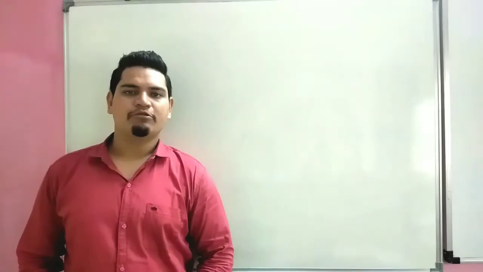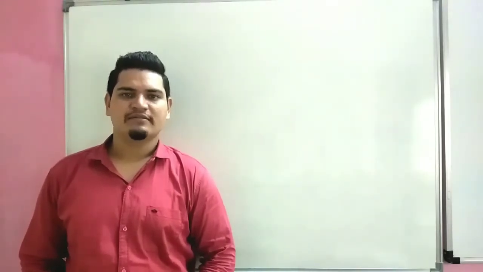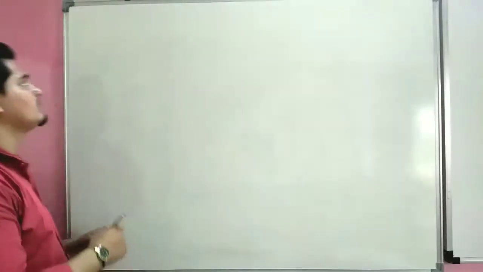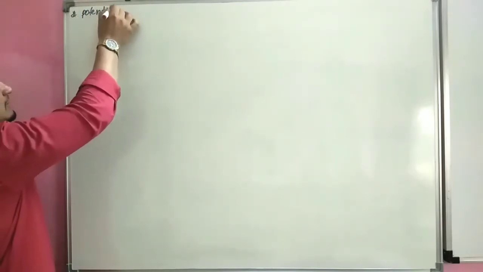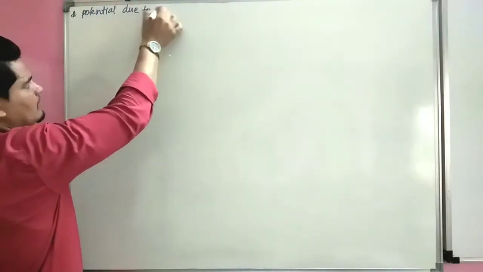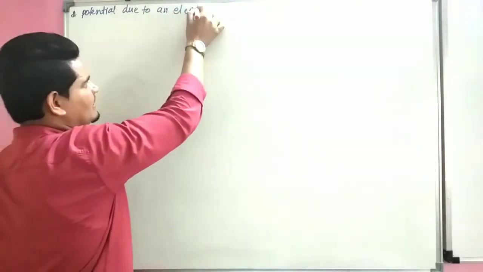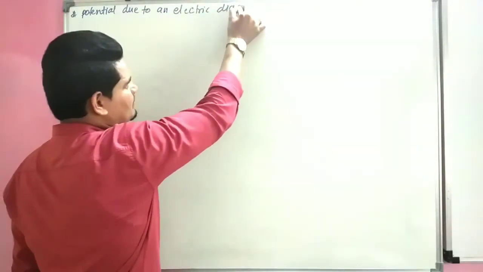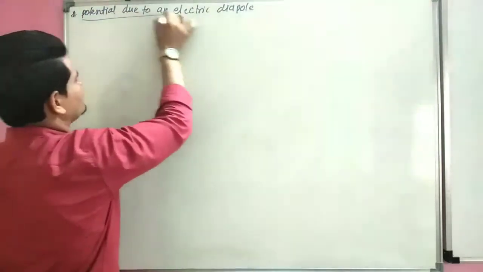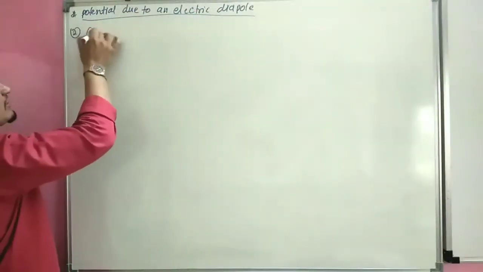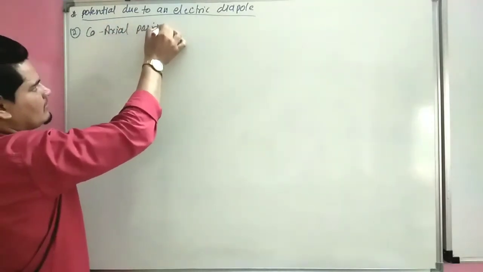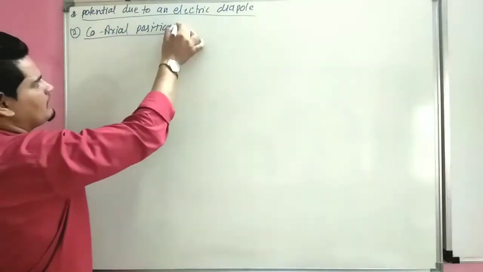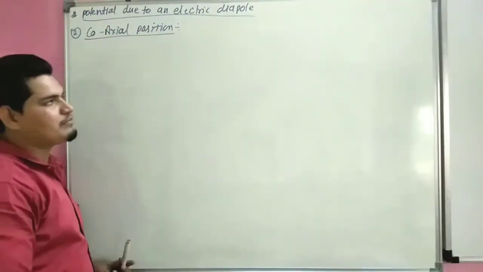Now we have to calculate electric potential due to an electric dipole at coaxial position. So consider an electric dipole.